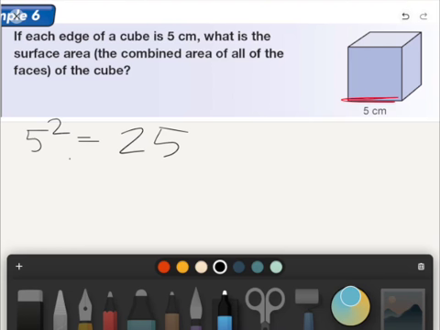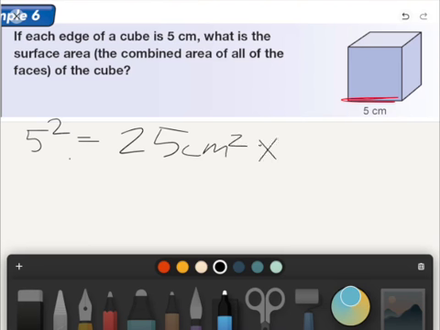And since there are 6 sides to this, what do I do, Arjun? You multiply the area, which is 25, by 6. Mm-hmm. Oh, I should say centimeters here, shouldn't I? Centimeters squared. Okay.